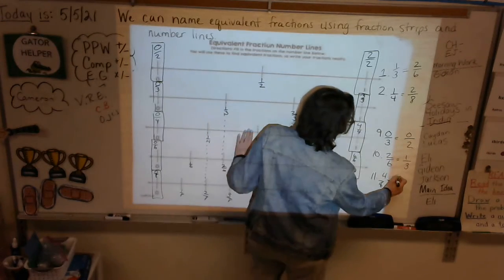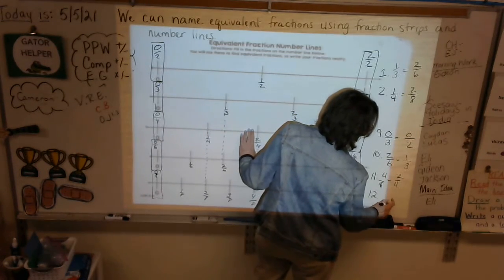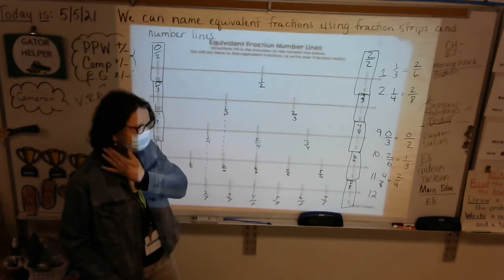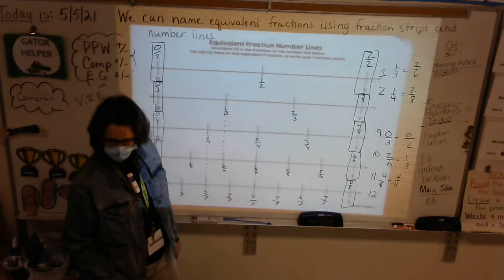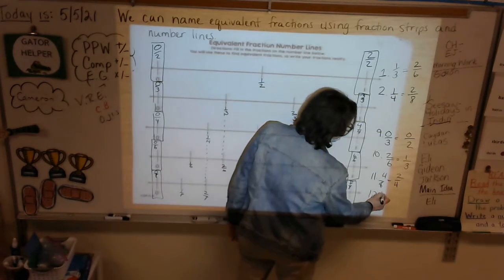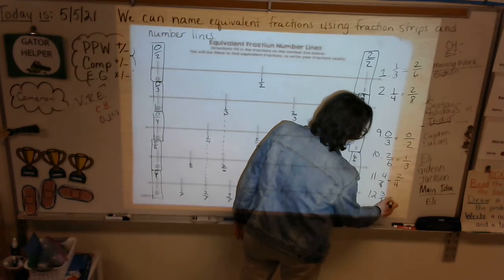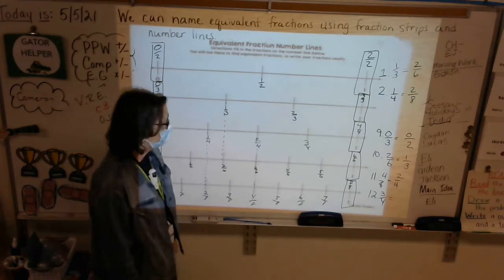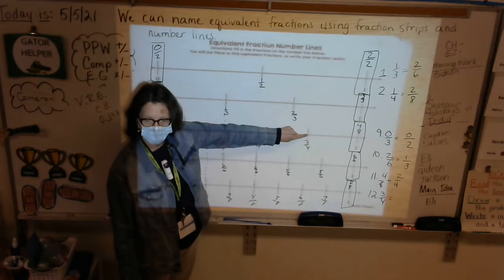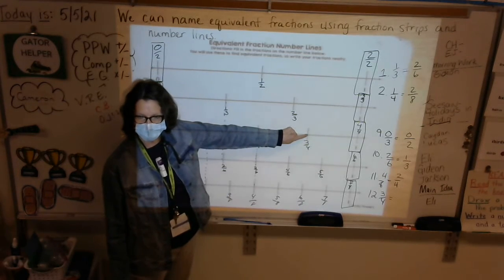Thank you. And one more together, 12. Number 12. Can you read 12 for me, Freya, please? Well said. 3/4 equals how many 8ths? So find 3/4 with your finger on the number lines.